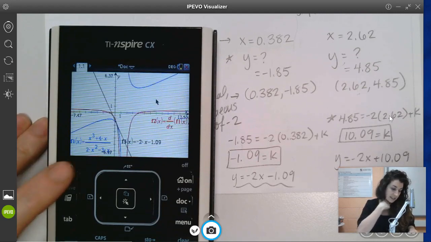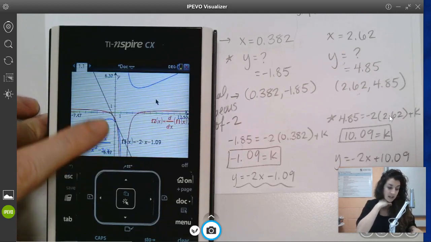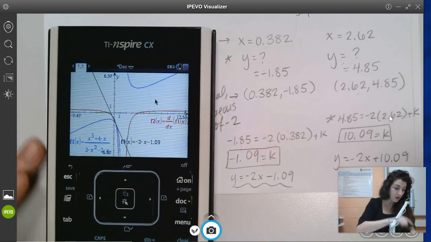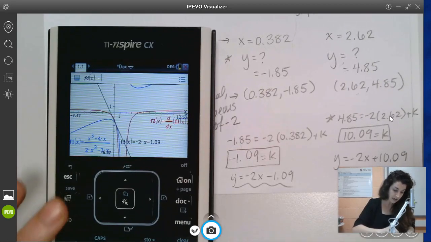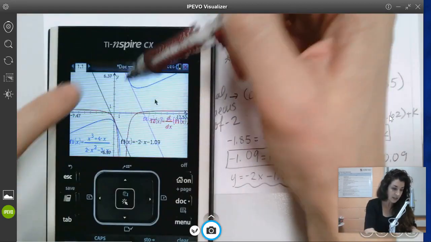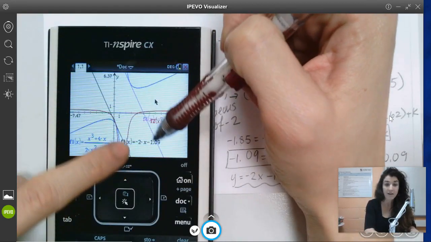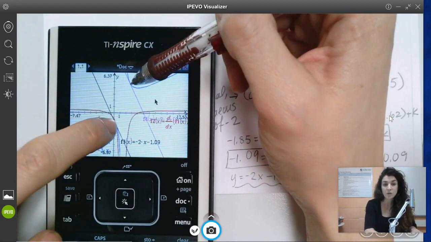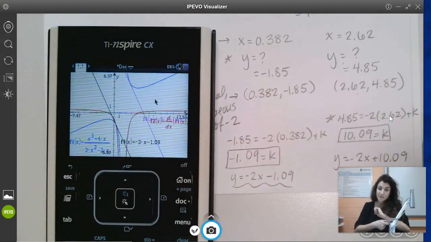So now I'm going to take a look at this tangent line that has a slope of -2. Then I could also graph my other tangent line, -2x plus 10.09. And you can see this parallel line, because they have the same slope, goes through those points there. So that's what we just found, the two points that happen to have a slope of -2. Pretty cool. Really hard, but pretty cool.